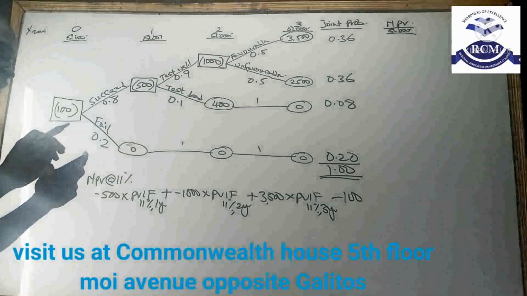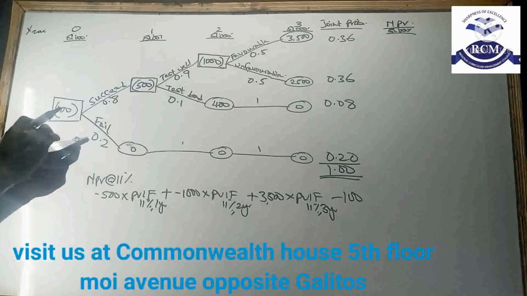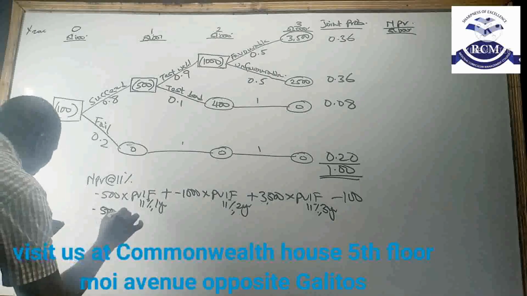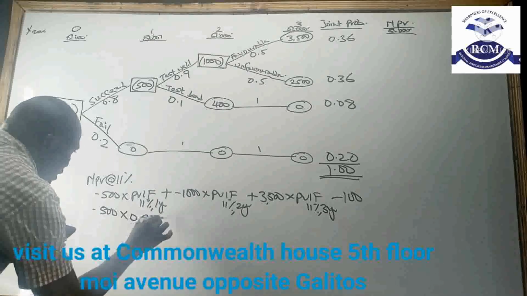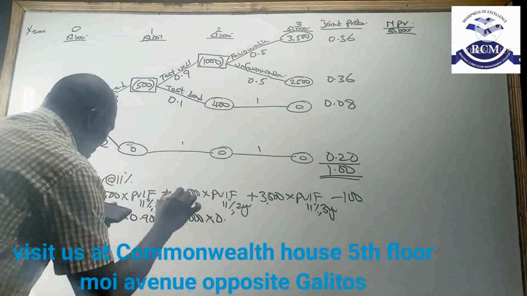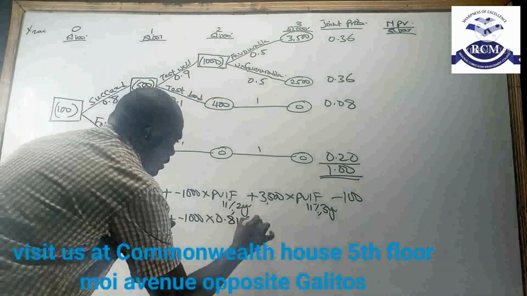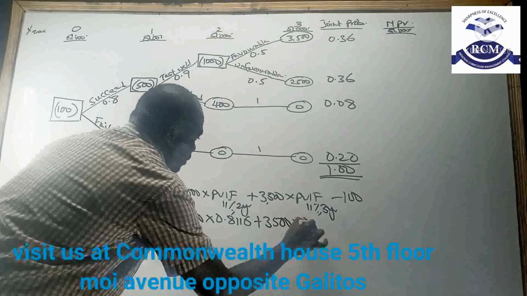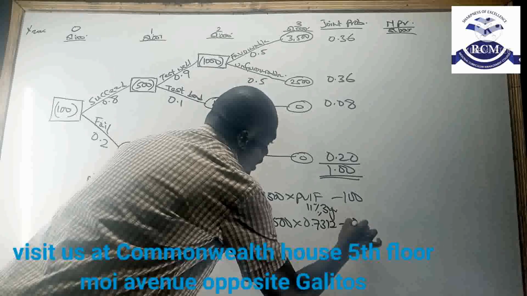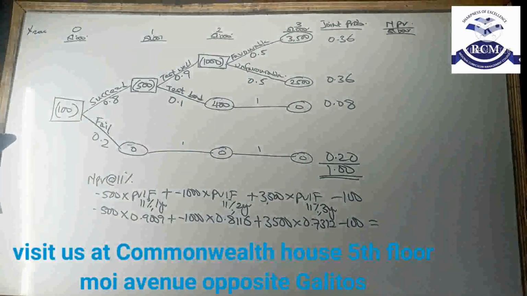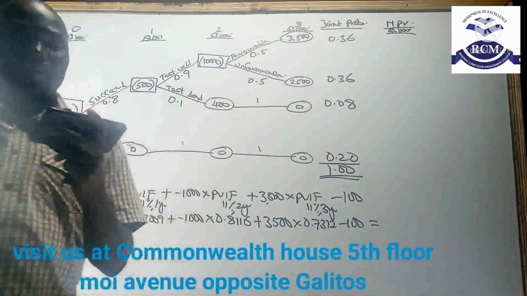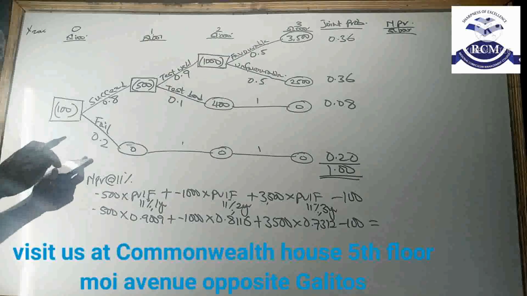When you check in our discounting tables for the lump sum table, 11% 1 year, we are having negative 500 times 0.9009, plus negative 1,000 times 0.8116, plus 3,500 times 0.7312, minus 100. So I get which answer? Let's work it out.